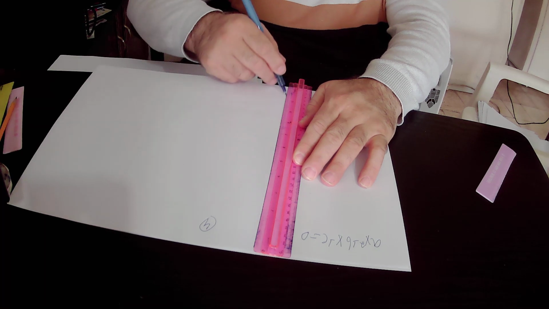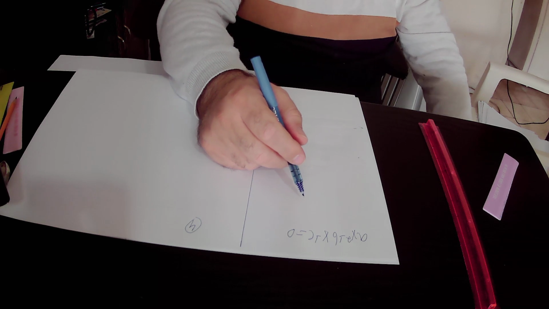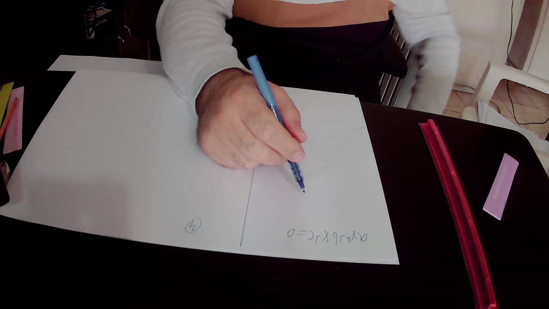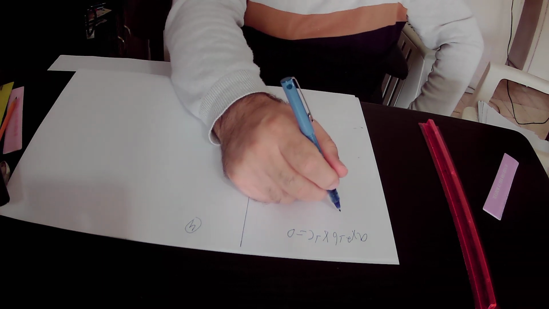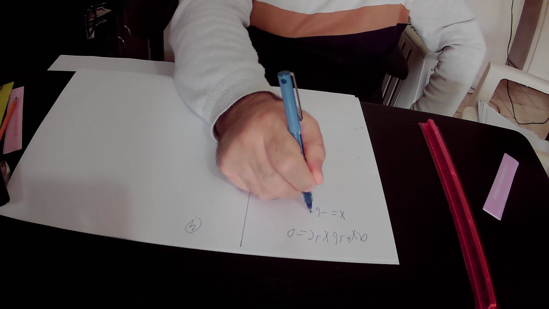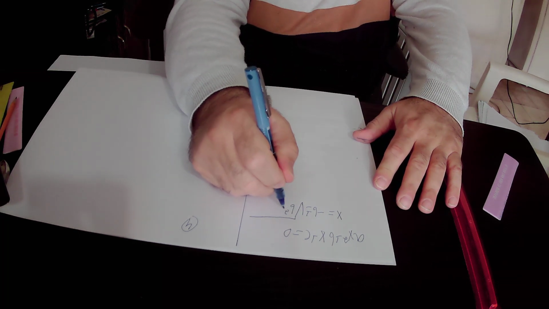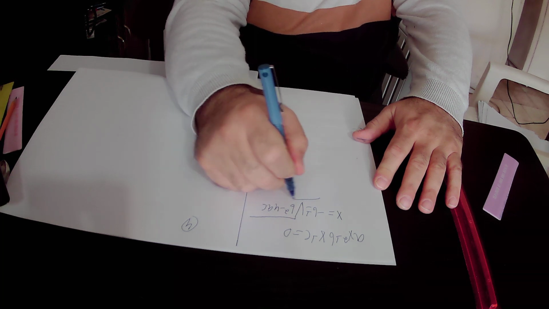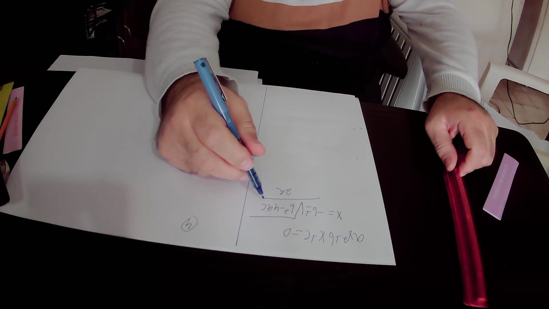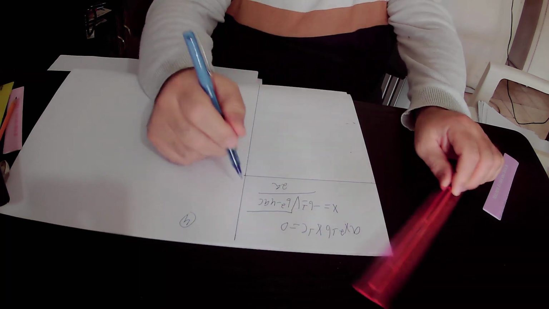In this general formula, a, b, and c are the coefficients of this quadratic equation, and x is the variable that we are looking for, and we will find out the value of x according to a special formula. The formula is x equals minus b plus minus square root of b squared minus 4 times a times c, over 2a.